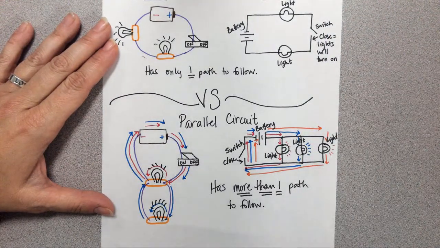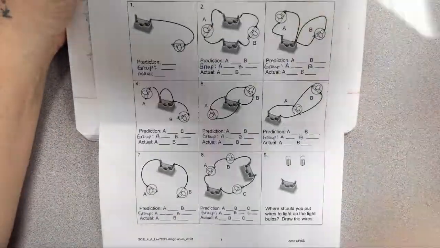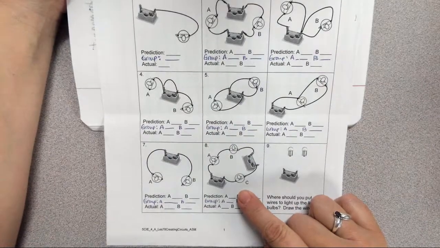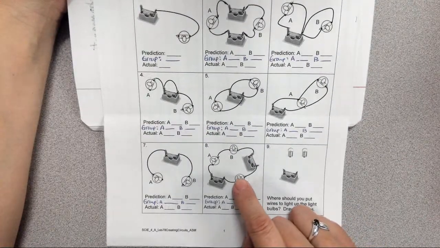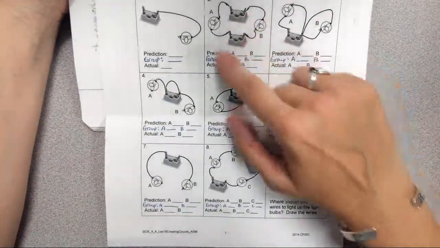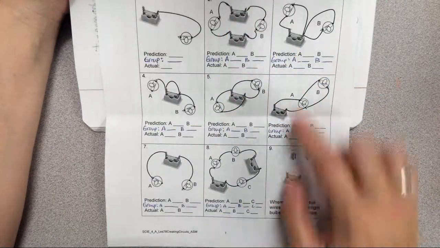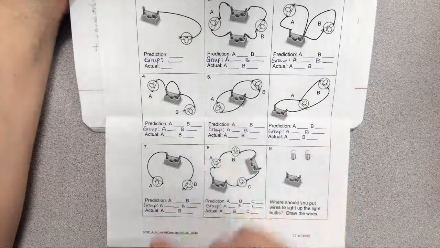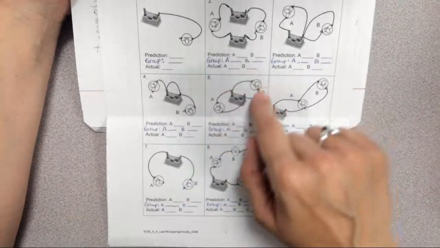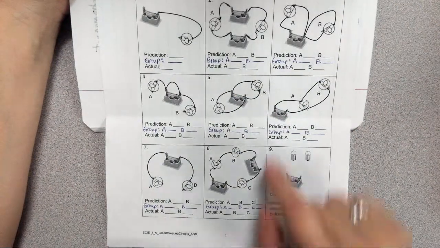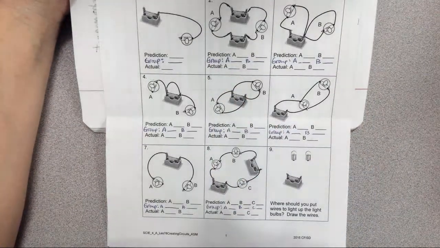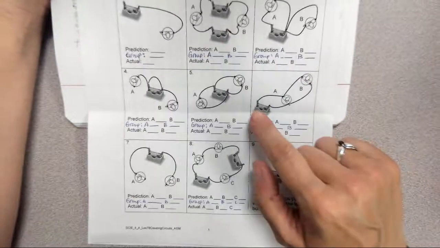What you should have noticed on your paper: 2 and 8 are series circuits. So if I took out this light or this light, I would have no light, because I've broken the path. 5 is a parallel circuit because I've got two different paths. If I took out this light, the other is still going to work because it has its own path. 6 is the same way.